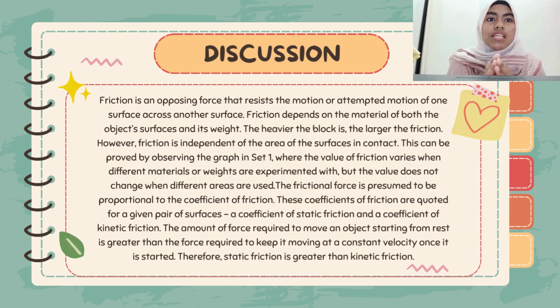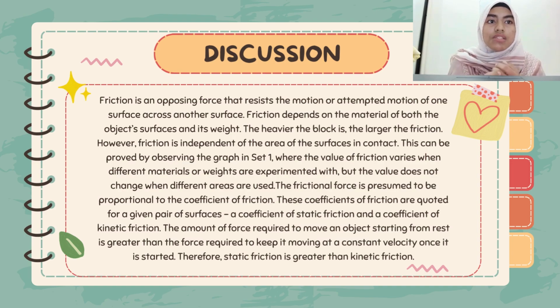However, friction is independent of the area of the surface in contact. This can be proved by observing the graph in set 1, where the value of friction varies when different materials or weights are experimented with, but the values do not change when different areas are used.